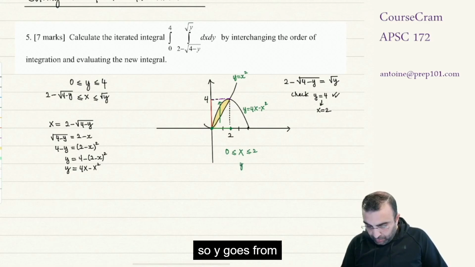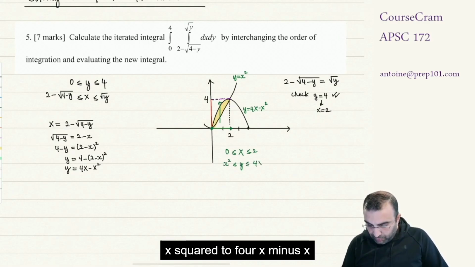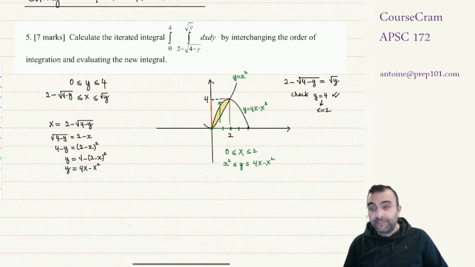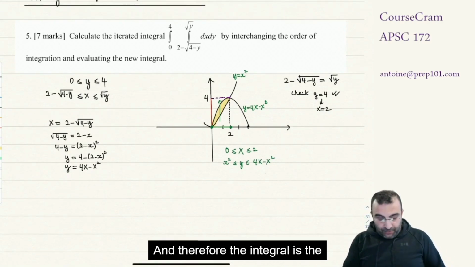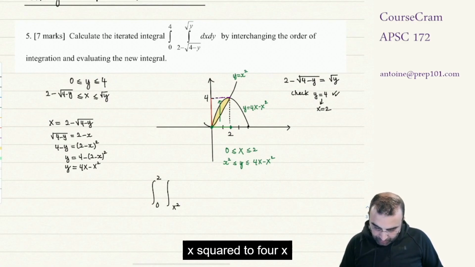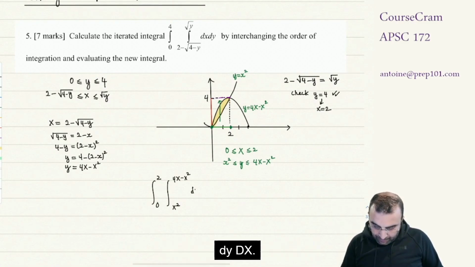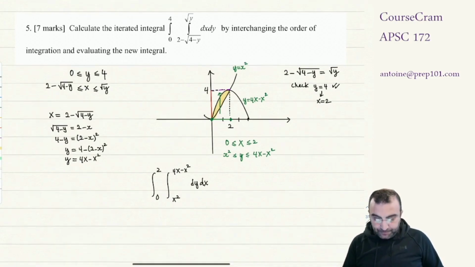So y goes from x squared to 4x minus x squared. Therefore, the integral is the integral from 0 to 2 for x, the integral from x squared to 4x minus x squared, dy dx.